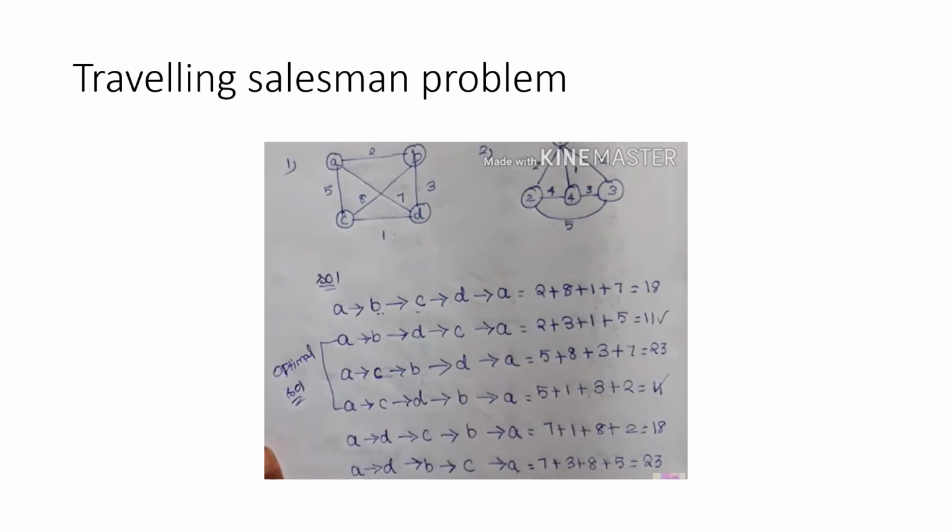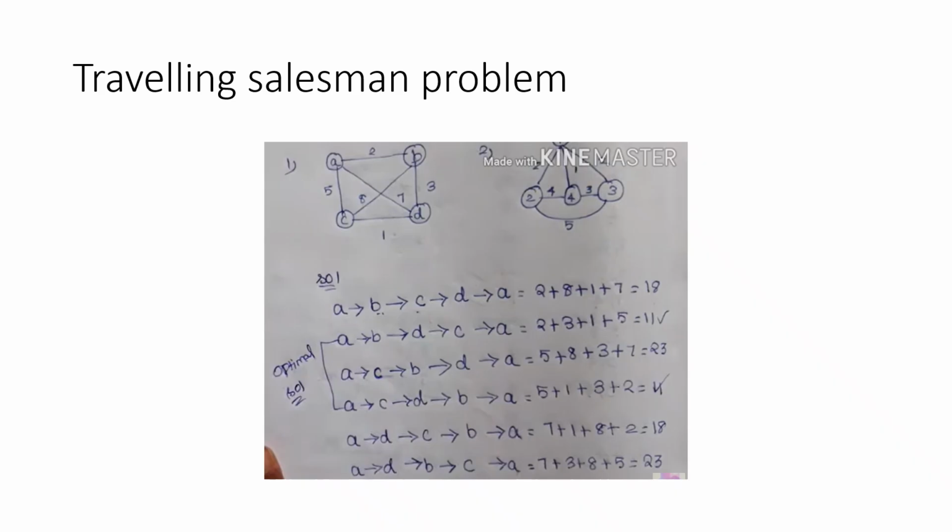The next possible way, A to C combination: A to C the cost is 5, then C to D the cost is 1, then D to B the cost is 3, and then B to A the cost is 2. 5 plus 1 plus 3 plus 2 equal to 11.